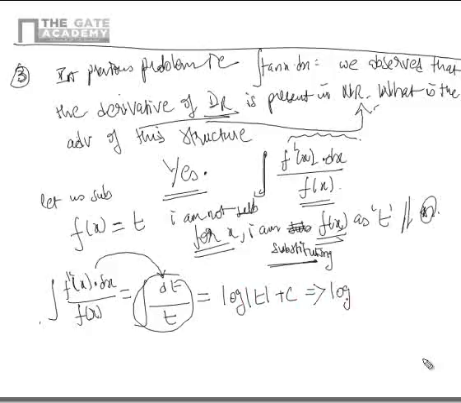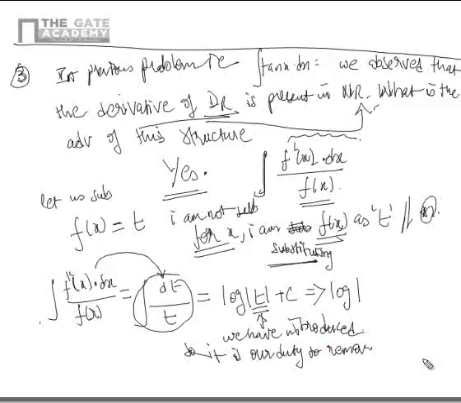Because t is a variable which we have introduced, it is our duty to remove it. So how do we remove it? t is nothing but f of x, plus c.